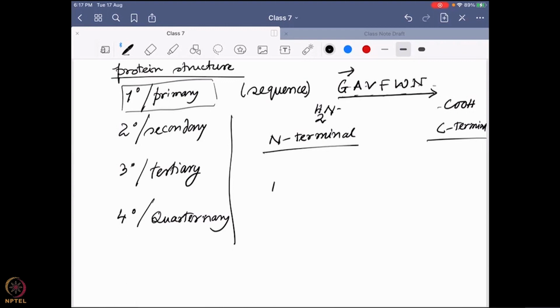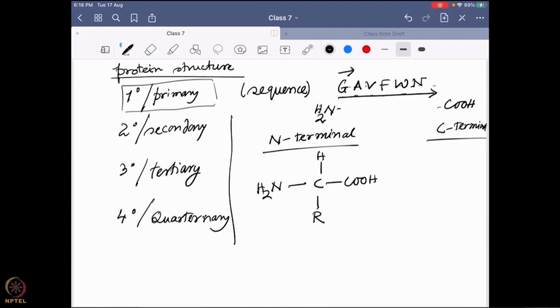So if I want to draw an amino acid, how do I generally draw? Particularly like this. I'm not drawing it in the original 4 coordination, just drawing everything in this line structure. So this is how one amino acid looks like.